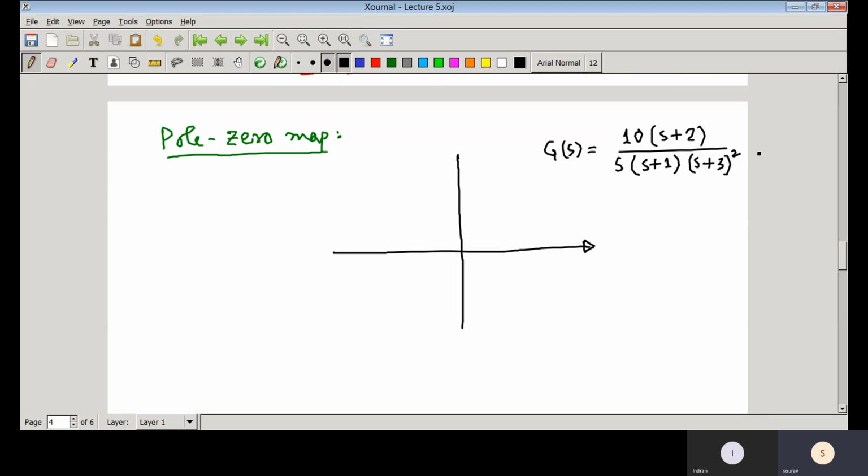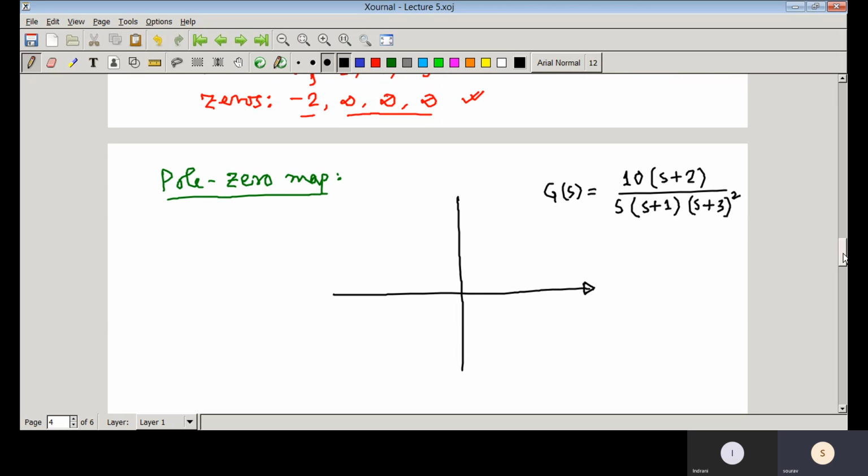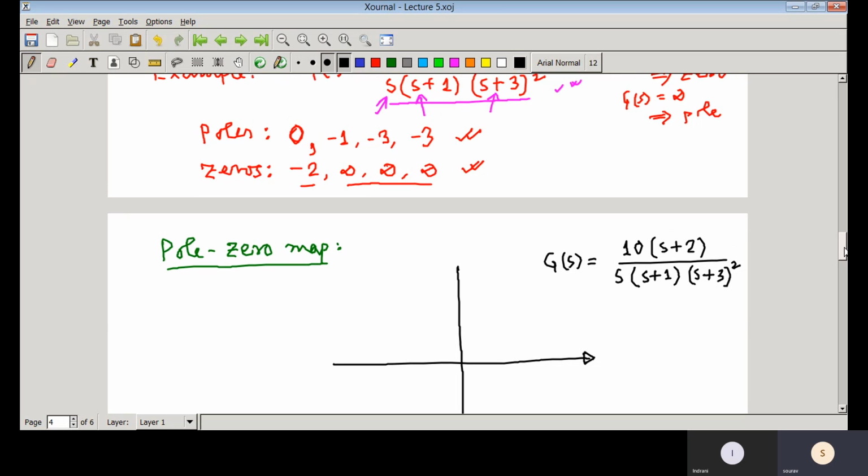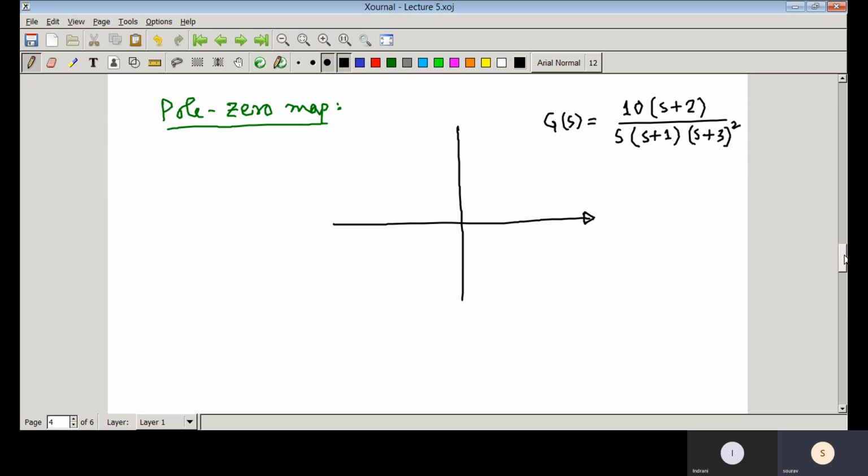So in the pole zero map we show the locations of poles and zeros, and those poles and zeros are all finite poles and zeros. So we do not show the location of poles or zeros at infinite locations. Only the poles and zeros at finite locations are shown.